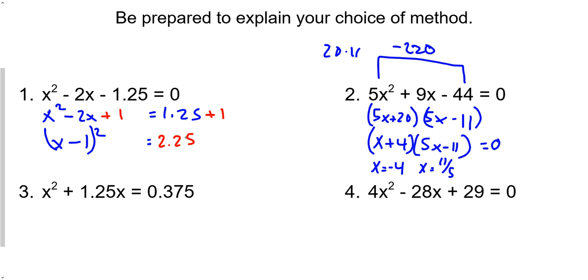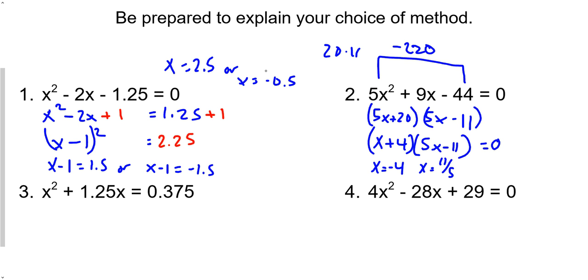So we are going to have x minus 1 equals 1.5, or x minus 1 equals negative 1.5. And so you add the 1 to both sides, and we get x equals 2.5, or x equals, we add the 1 to both sides, negative 0.5.